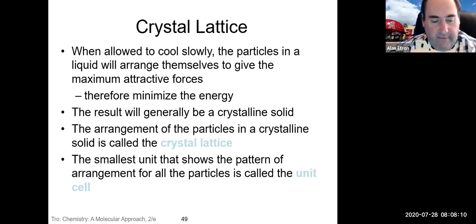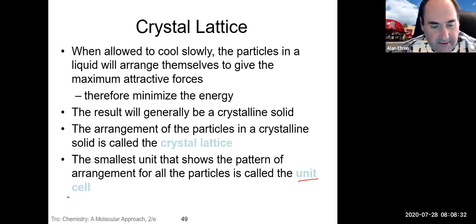And when they arrange themselves in this way to minimize energy, we get this crystalline solid that has very repeatable patterns. The smallest unit of a crystalline pattern is what is referred to as a unit cell. I think that's what that says there.